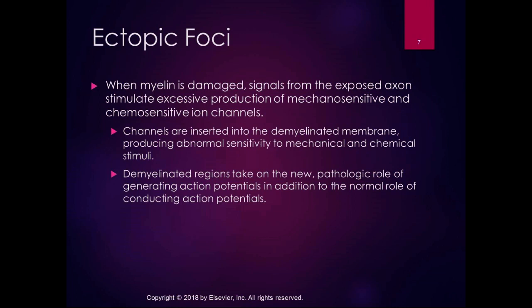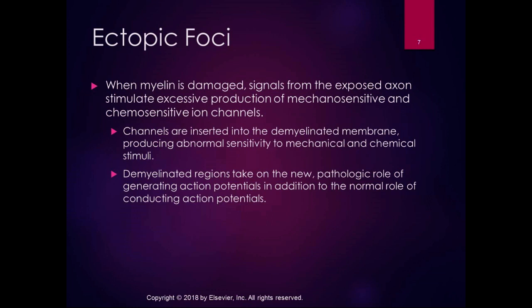When myelin is damaged, signals from the exposed axon can stimulate excessive production of mechanosensitive and chemosensitive ion channels. Remember, the ion channels in our neurons are being refreshed every few days. We're building new ones. So when you have damage and nervous system stimulation going on, we're producing different receptors.